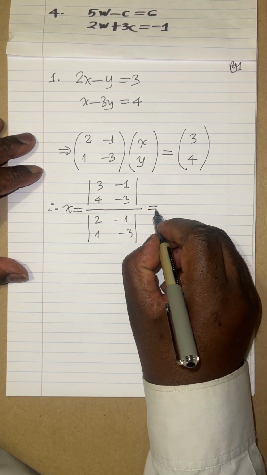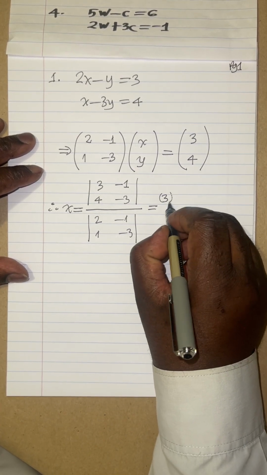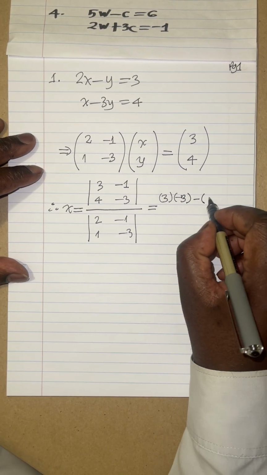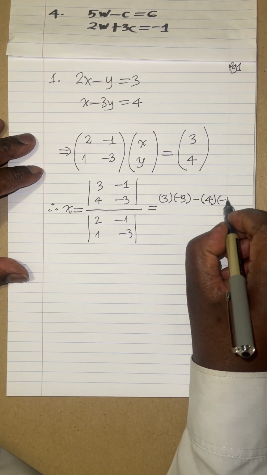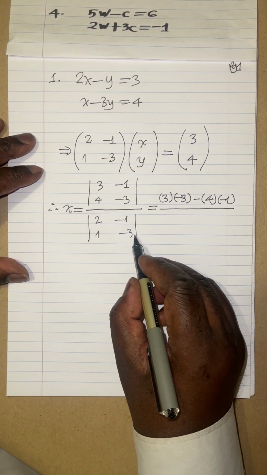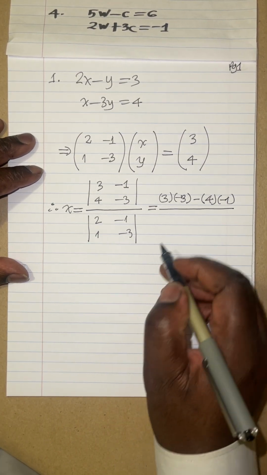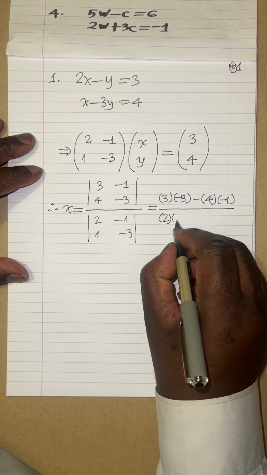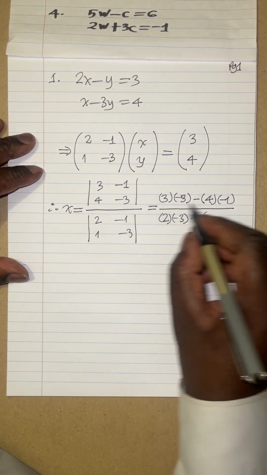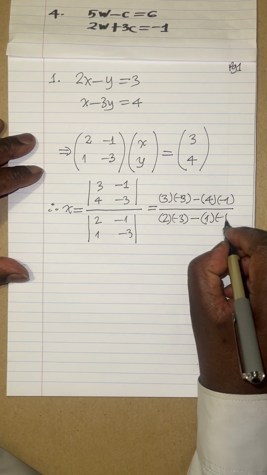So this is going to be equal to 3 times minus 3, and then minus 4 times minus 1. And we're saying this is divided by the product of elements on the right diagonal, 2 times minus 3, and then minus the product of elements on the left diagonal, 1 times minus 1.